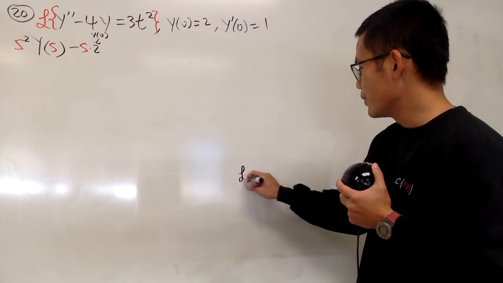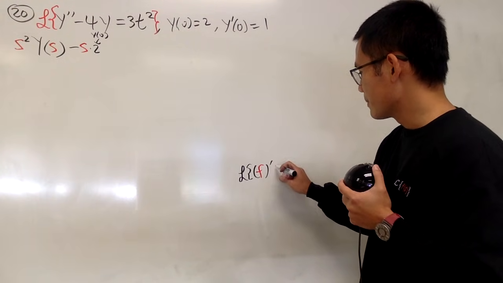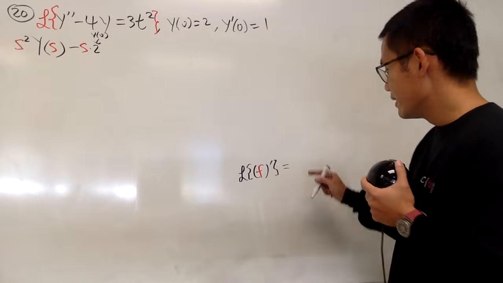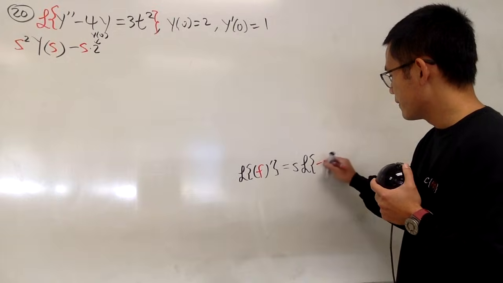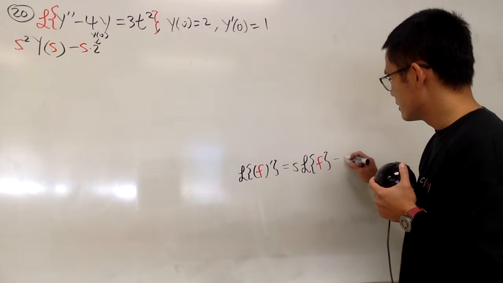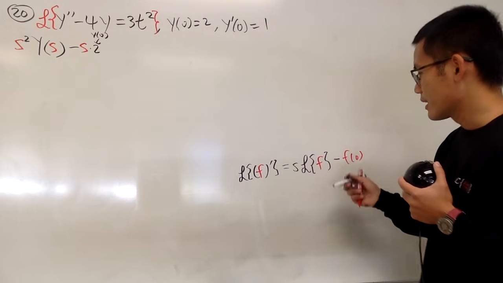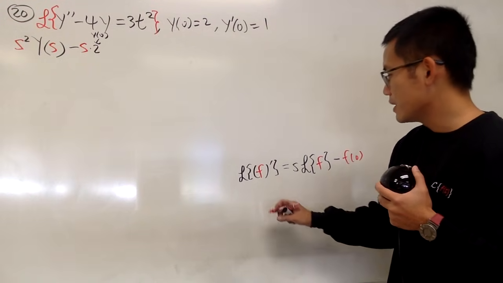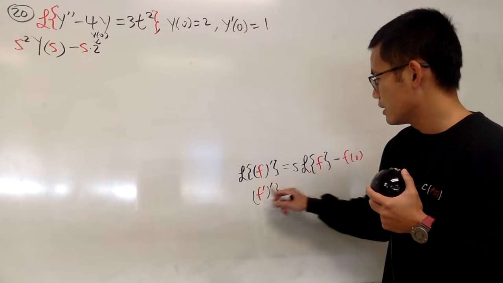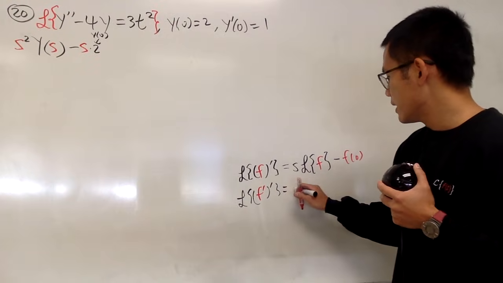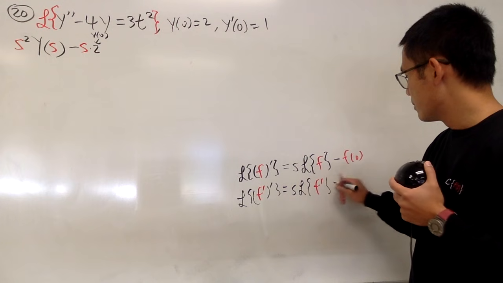Just to show you how we did that. The Laplace transform of f prime is equal to s times the Laplace transform of f, minus f of 0. Now I want the second derivative, so I will put f prime here, and then s times the transform of f prime minus f prime of 0.